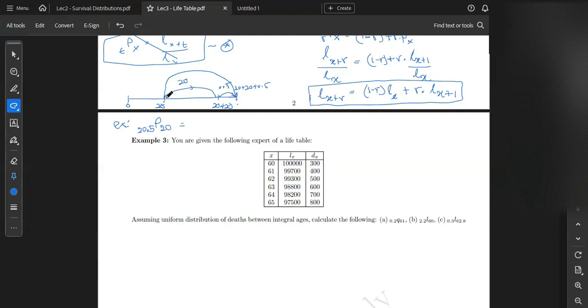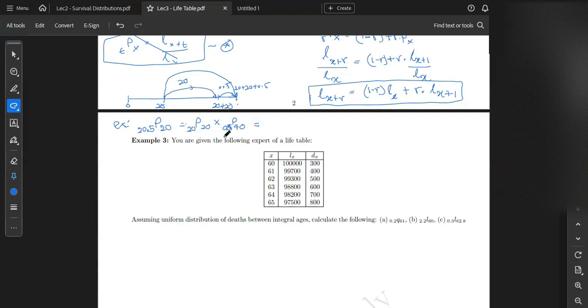So the large arrow is the jump we actually want, but we can decompose it into two independent jumps, and we can say the probability of a 20-year person surviving for 20 years and the probability of those who have already survived for 40 years, because now they have survived for 20 years, now the age is 40, surviving for half a year, which means 6 more months. So this is a joint probability. Since they are independent, we can multiply the individual probabilities.